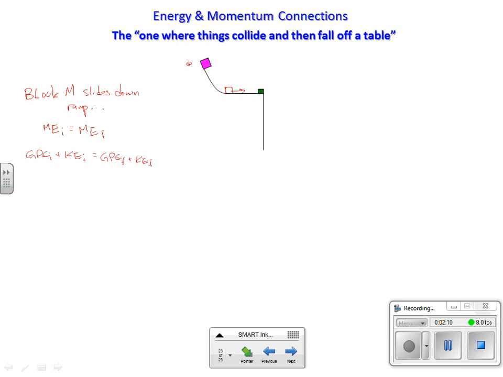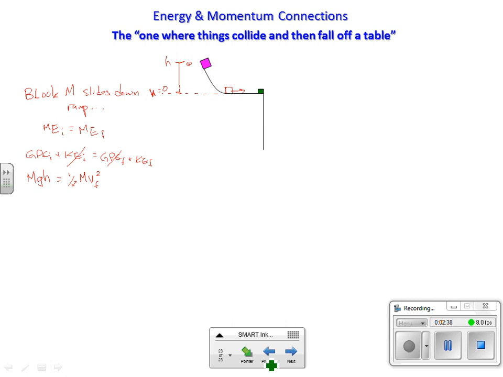Well, for this part, why don't we call this height 0? Well, that means we can get rid of this and this. And we get mgh, we said this was our height h, equals 1/2 m v final squared.